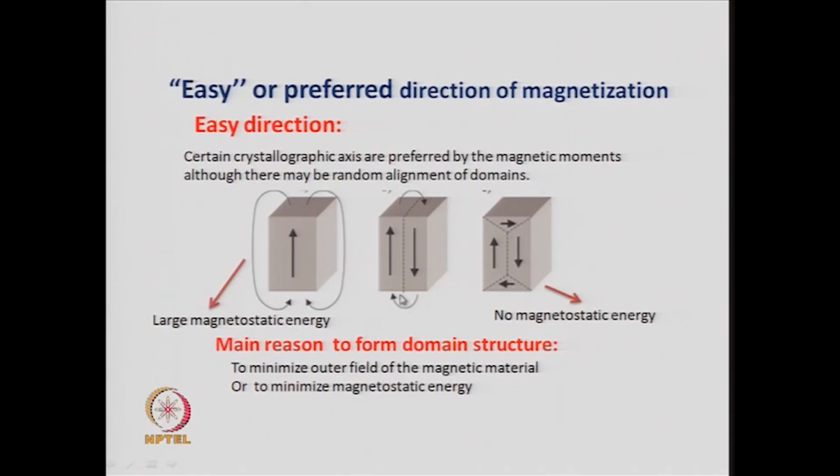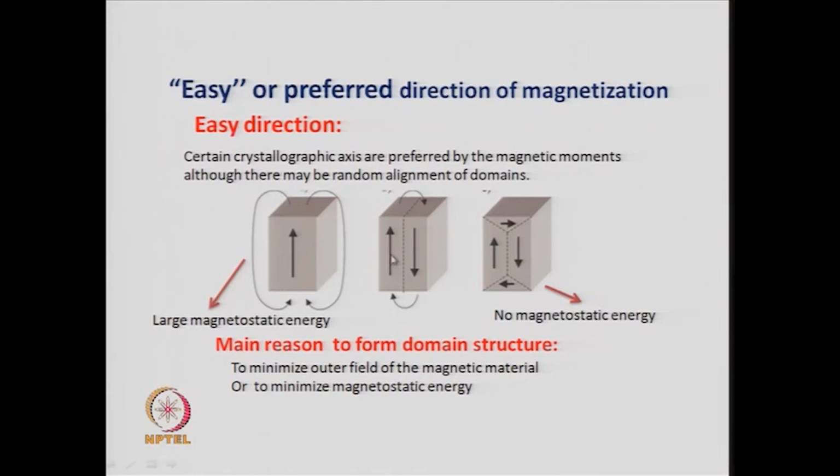So, the domains are basically formed to lower the magnetostatic energy. If you do not form these kinds of domains, then you will have a lot of energy in the magnetic lines of force if you want to turn the magnetic moment in a different direction.